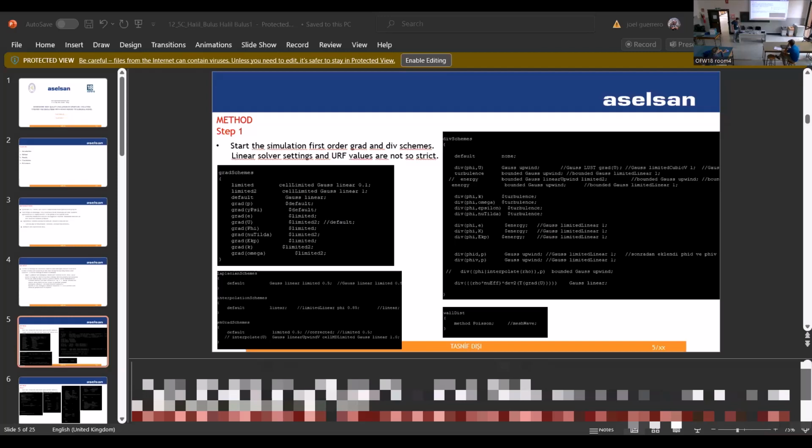In comparison with the advection of the velocity, for the scalar field there is no case set up like linear or linear upwind. So you commonly have to use the limited linear or upwind schemes, as you can see there. But additionally, limited schemes like upwind with less limiting effect are suggested.